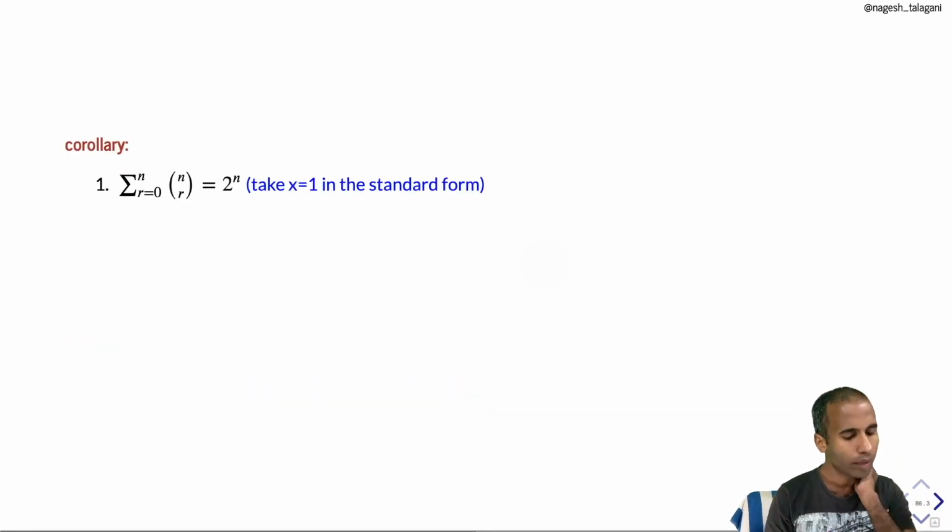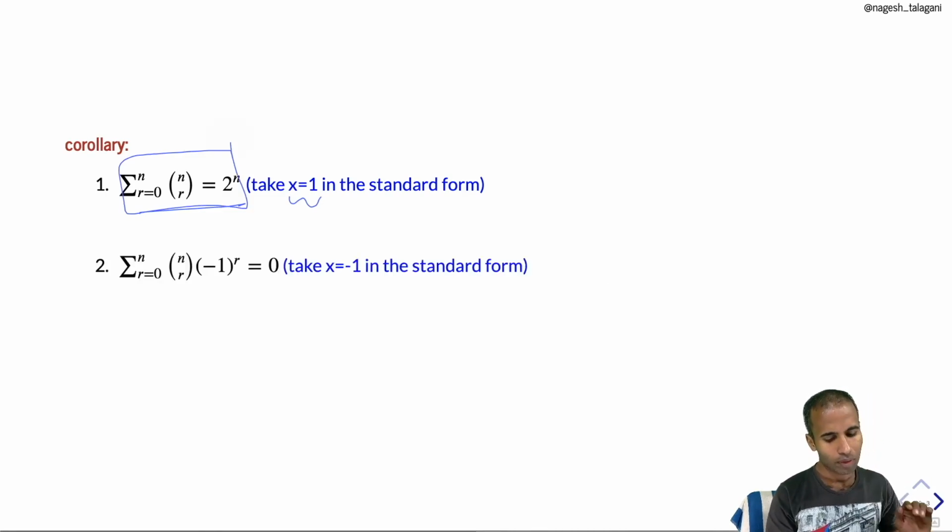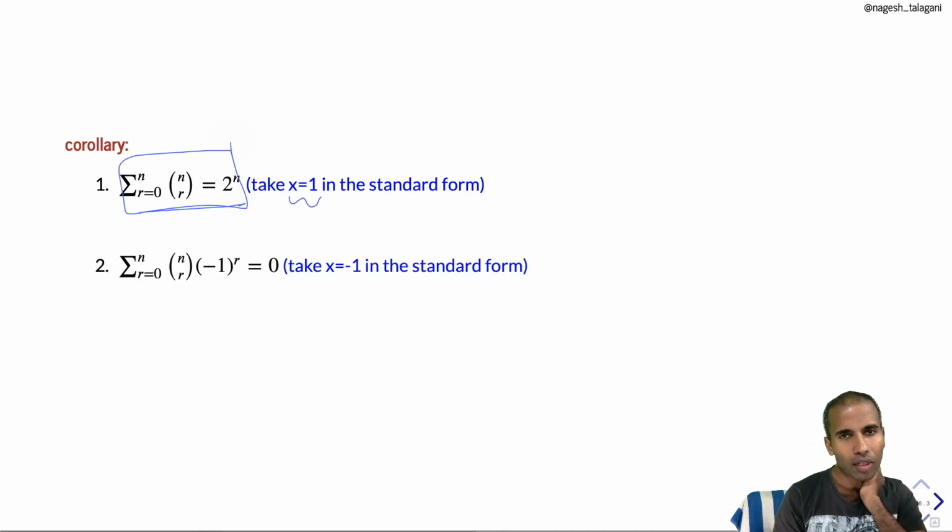Now the corollary: summation r equals 0 to n of n choose r equals 2 to the power of n. This directly follows from the standard form of the binomial theorem. You just plug in x equal to 1. Okay, you will see this identity. Next, summation r equals 0 to n of n choose r times minus 1 to the power of r equals 0.